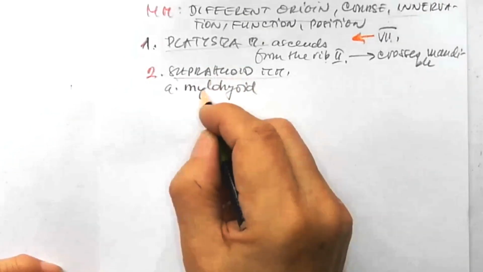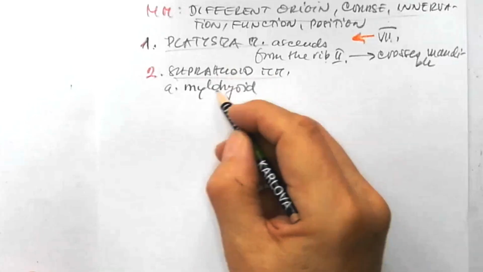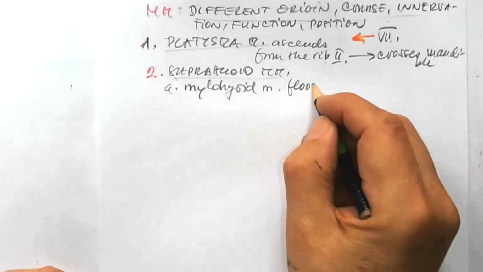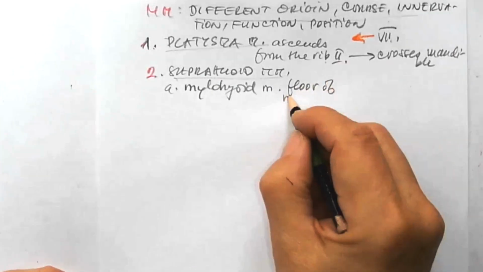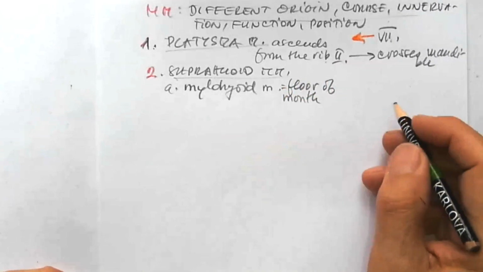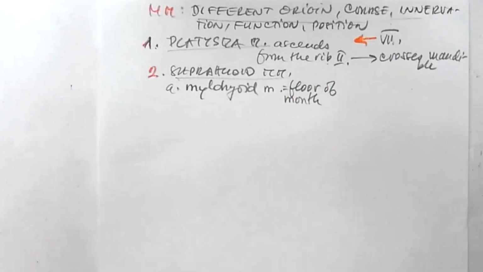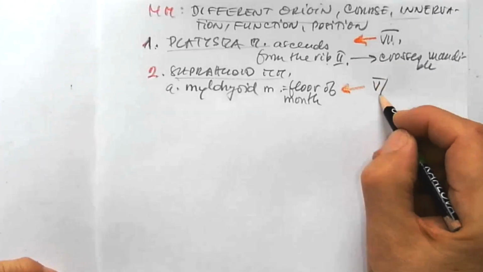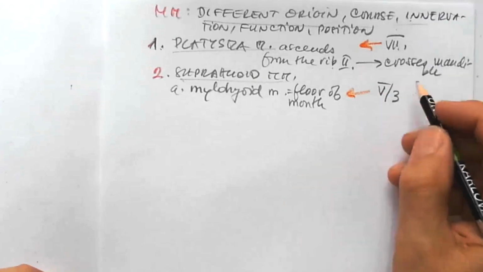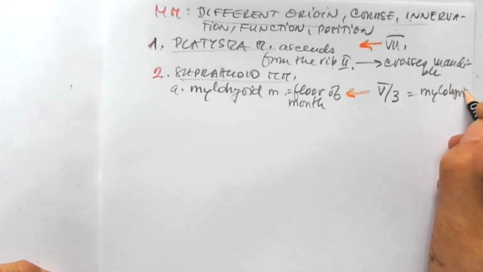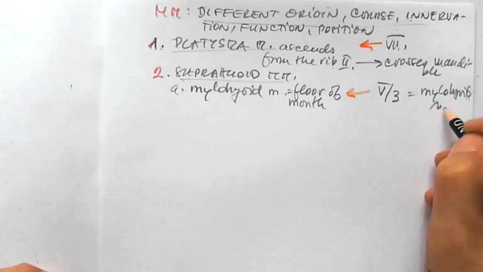As we remember from the description of regions of the head, it forms the floor of the oral cavity. It is innervated by the trigeminus, because it belongs to the first arch, so cranial nerve number 5/3, mandibular. Of course, the nerve is called the mylohyoid nerve, easy to remember. Fine.